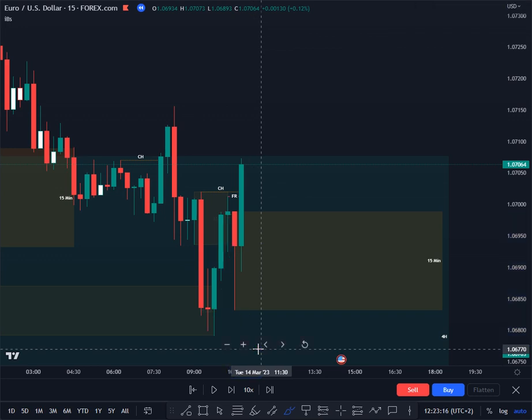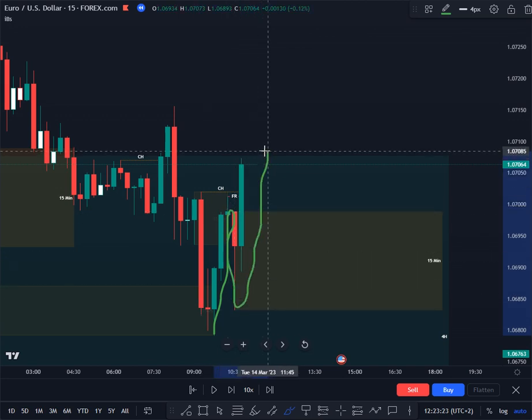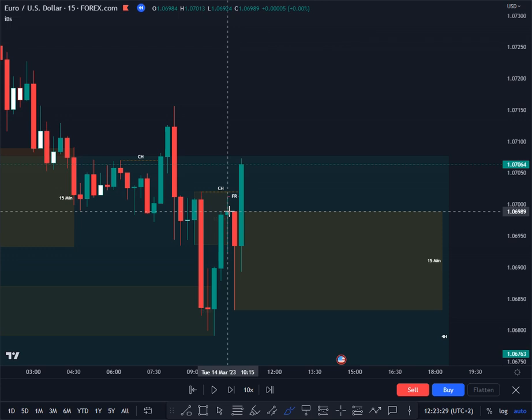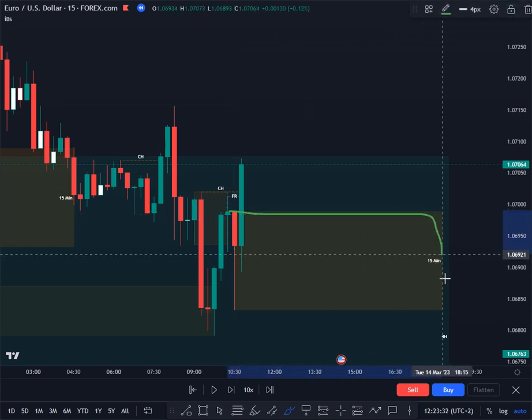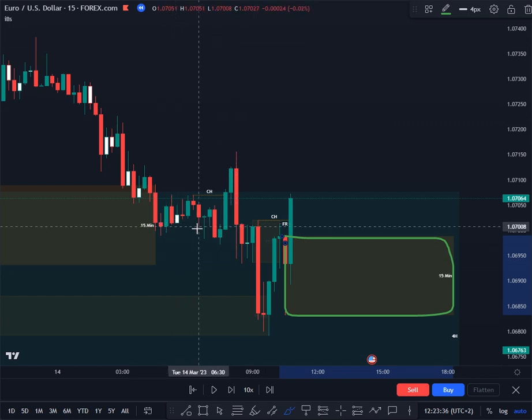But price didn't do that in this case. It came in, it reacted, and price went on to defeat that supply and cause a structure break to the upside, right? So this just tells us that this M15 zone is holding a lot more water than the one that failed previously, this one, right?